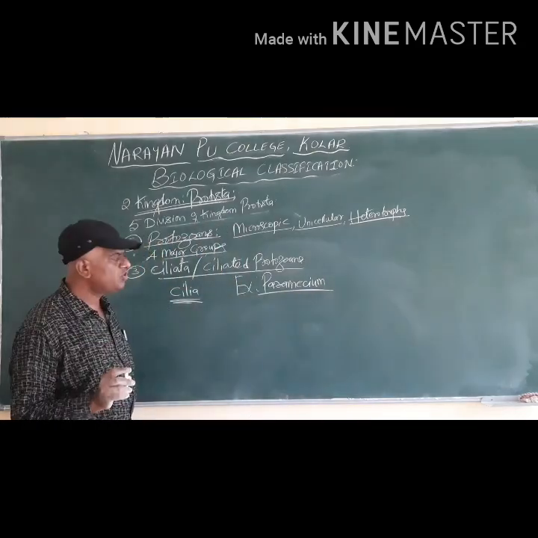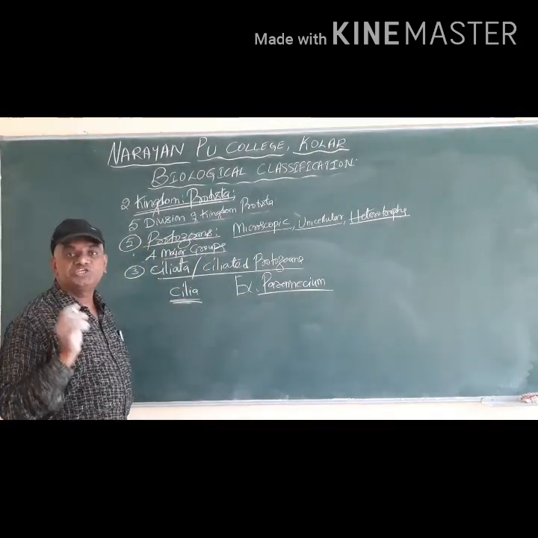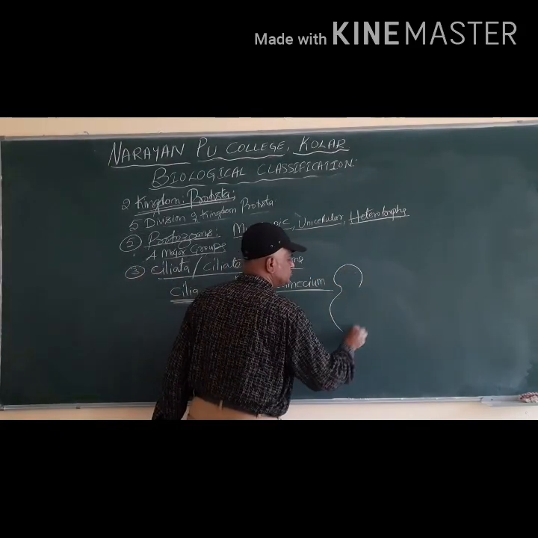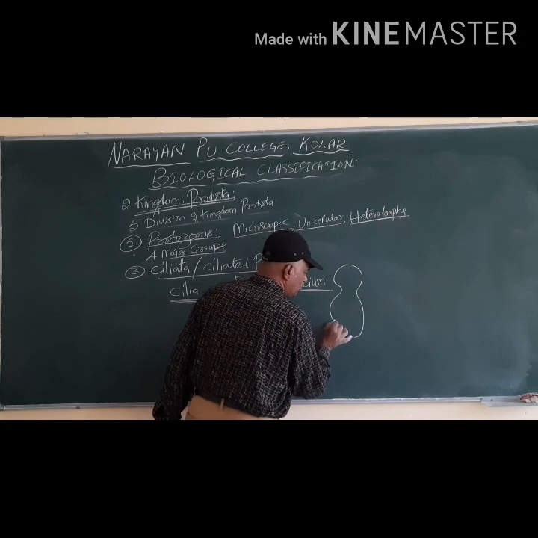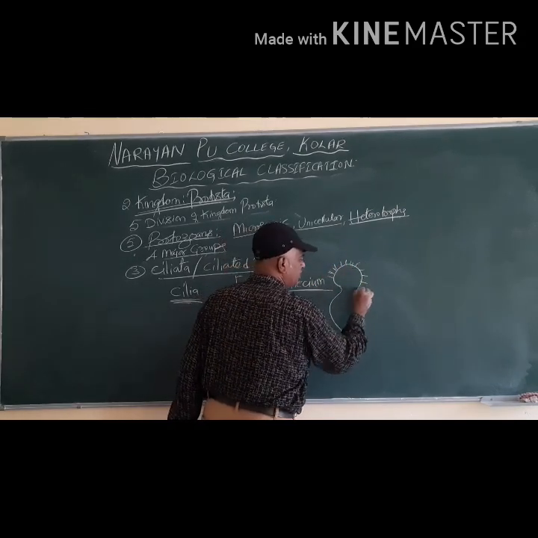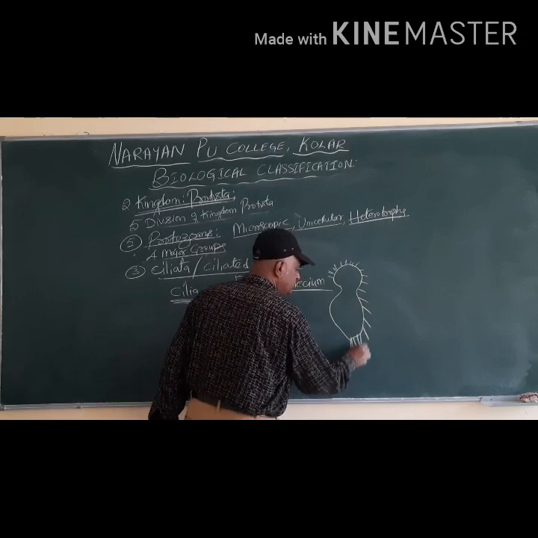Paramecium is also called slipper animalcule because it has a slipper shape, and there is a presence of cilia all over the body. Hence it comes under ciliata.